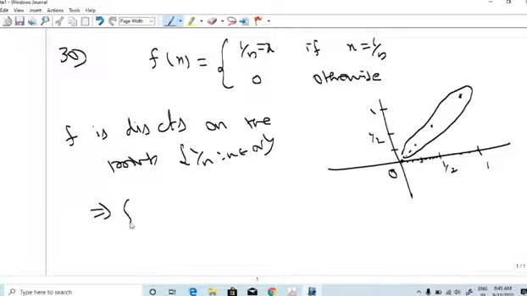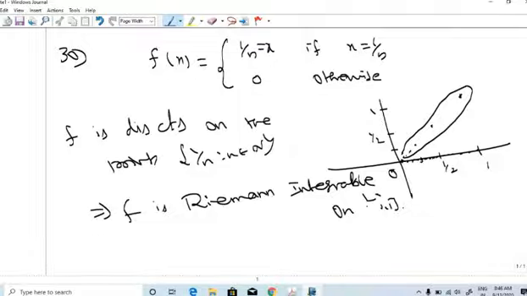Therefore, f is Riemann integrable. If a function is discontinuous at at most a countable number of points, the function is Riemann integrable. So there is an important theorem. Therefore, this is Riemann integrable on the closed interval [0, 1].